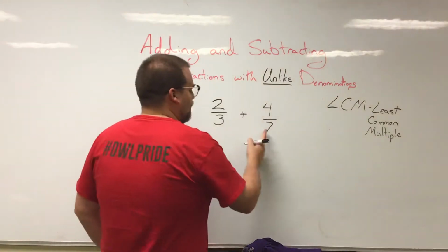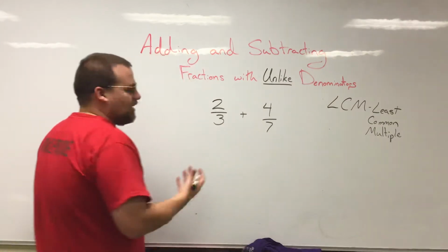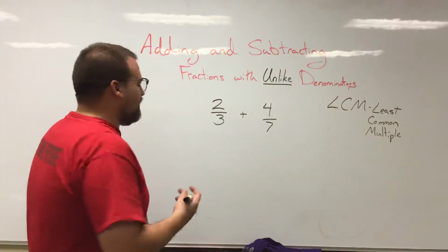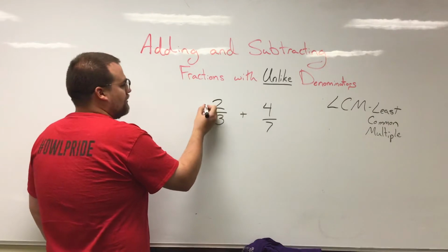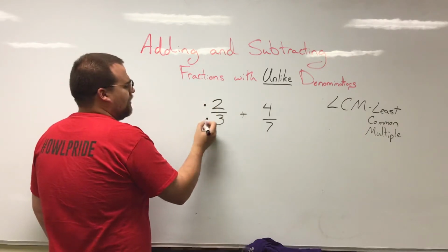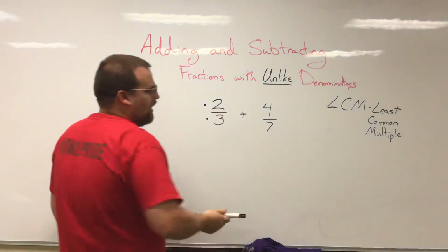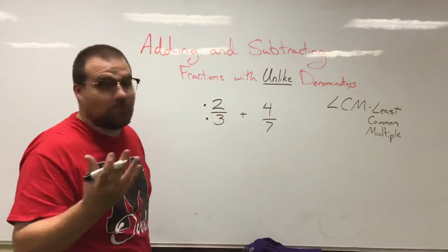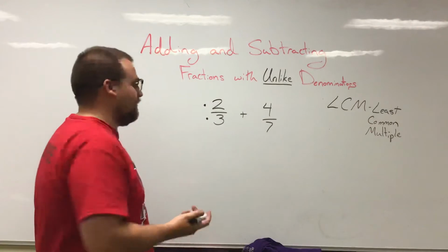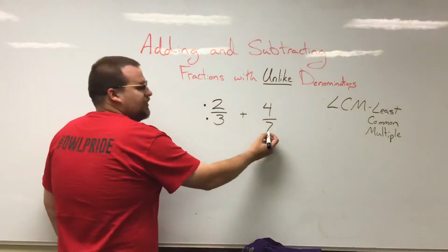So here's how we do it. Once we identify 21, our least common multiple, all we have to do is multiply the top and the bottom of each fraction by the denominator of the opposite fraction. I know this sounds weird, but it works. So the denominator over here is 7.